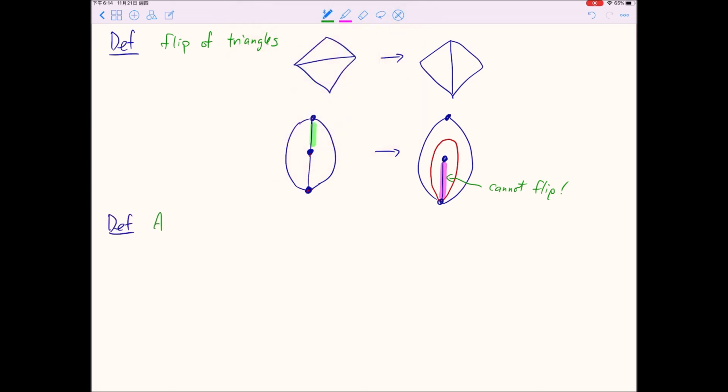But now let's talk about the arc complex. So this is a simplicial complex. The idea we have already covered several times before in the case of triangulation of polygons.